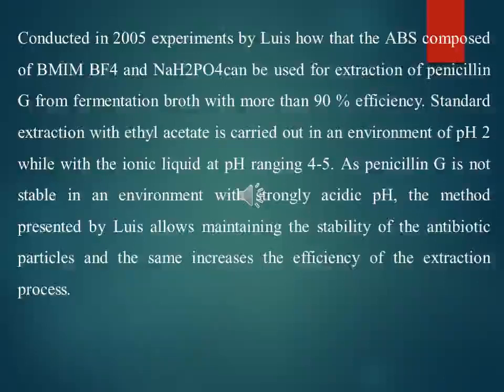Standard extraction with ethyl acetate is carried out in an environment of pH 2, while with the ionic liquids at pH ranging from 4 to 5. As penicillin G is not stable in an environment with strongly acidic pH, the method presented by Lewis allowed maintaining the stability of the antibiotic particles and thus increases the efficiency of the extraction process.